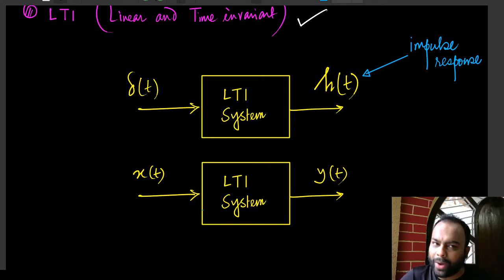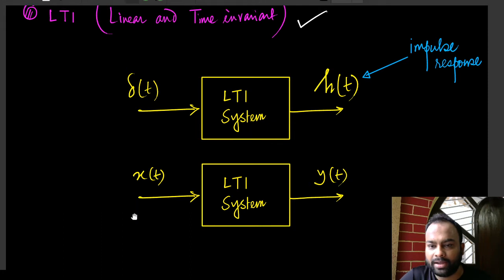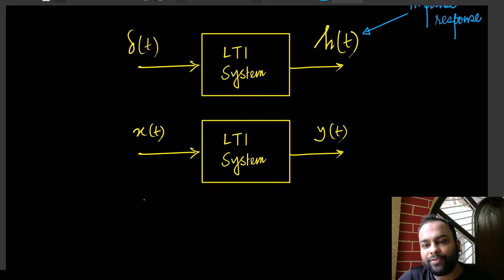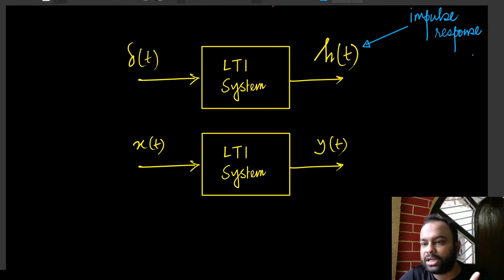That might sound weird in the beginning, but with an example, I will make things clear. The idea is that for linear time invariant systems, if I have the system, it's good. If I don't have the system, but I have complete knowledge of the impulse response of the system, then it is equivalent to having complete knowledge about the system.